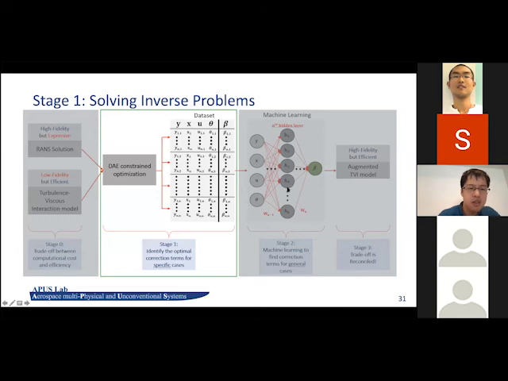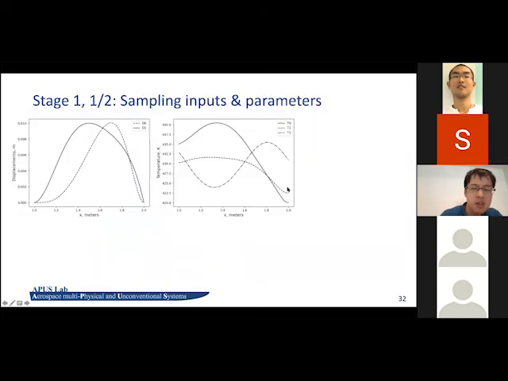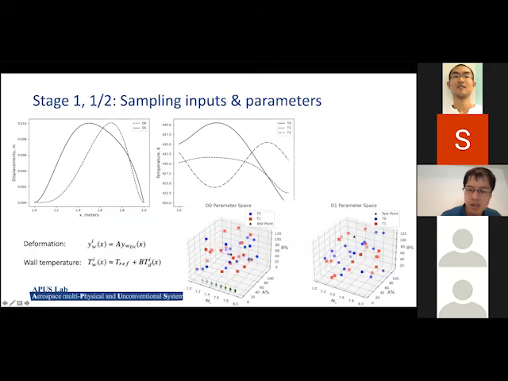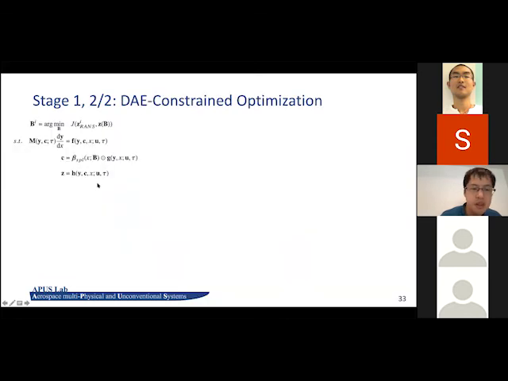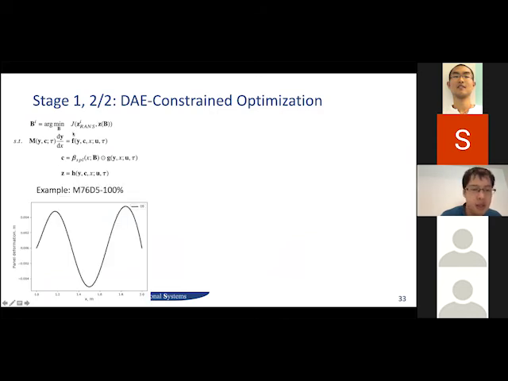Then we continue to the DAE-constrained optimization, where we consider a combination of several thermoelastic inputs to the boundary layer. Then we do some sampling on the deformation and wall temperature, and for each of those RANS solutions, we do an optimization like this.